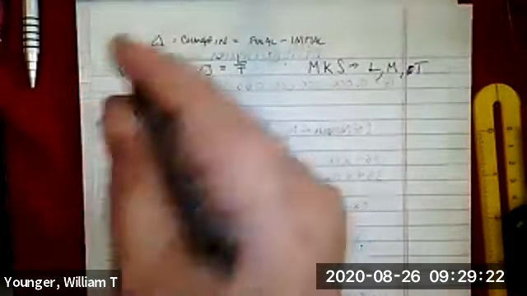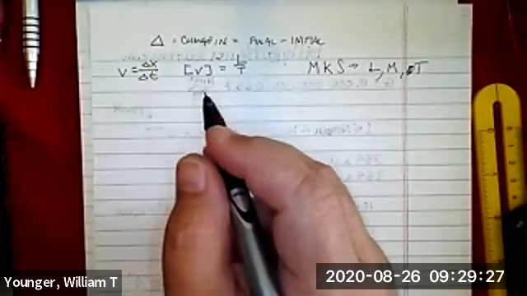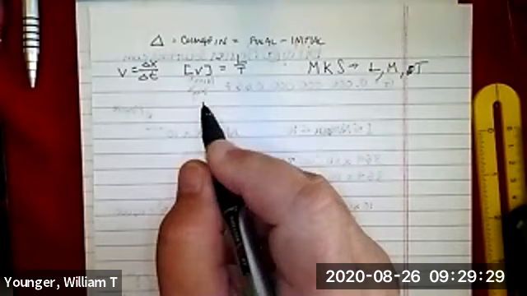Well, what if I told you that the velocity on a string is supposed to be related to the mass per unit length?